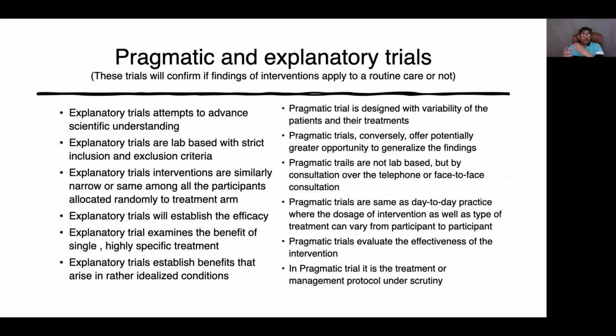Based on those criteria, they will receive treatment. Random allocation is also done in explanatory trials to see the efficacy of a particular treatment and whether patients benefit from it. Ideally, explanatory trials will provide proof if there is any benefit from treatment.